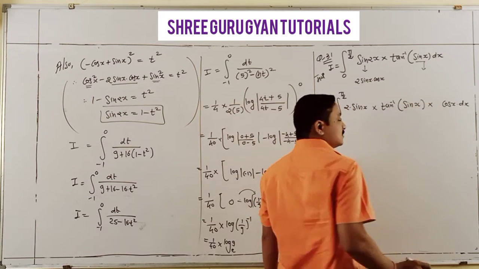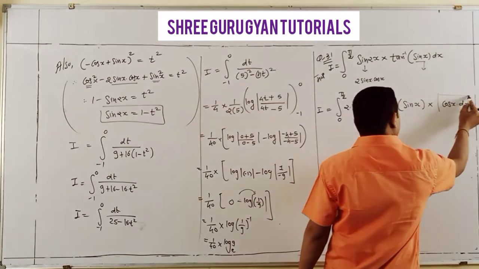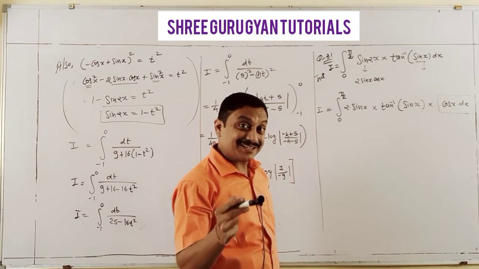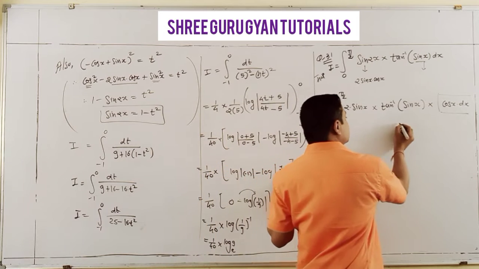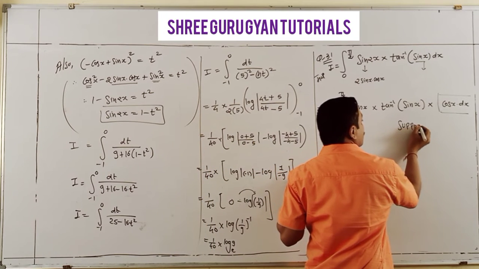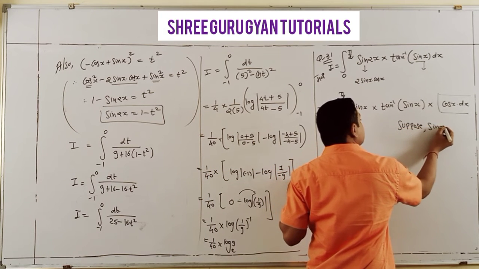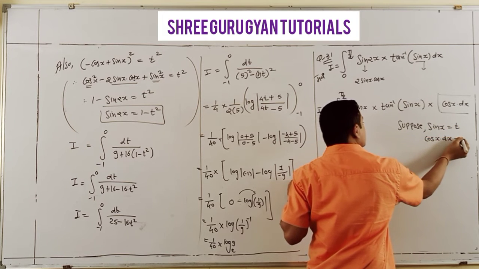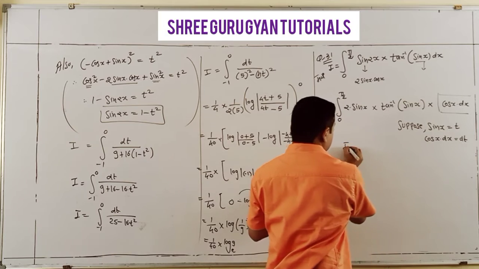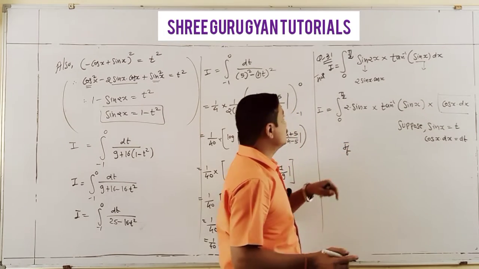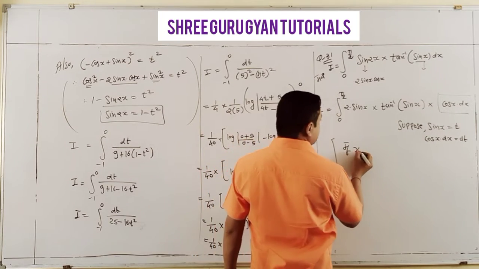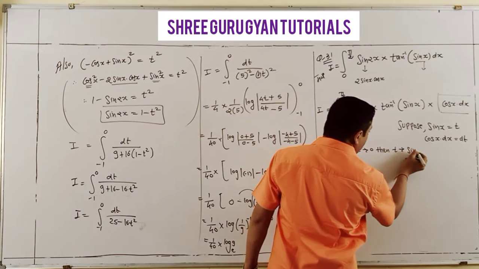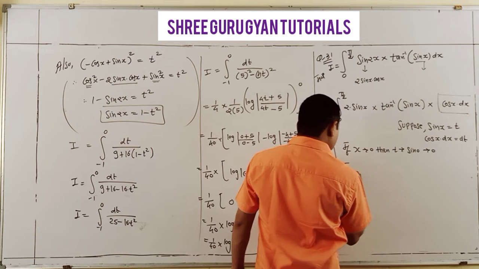sin x. Students, this derivative actually is a sin. That's why I will separate. Now suppose sin x is t, so cos x dx is dt, and change the limits. Limit 0 to pi by 2. So if x tends to 0, then t tends to sin 0, which is 0.